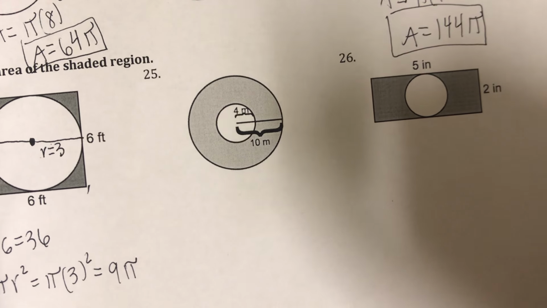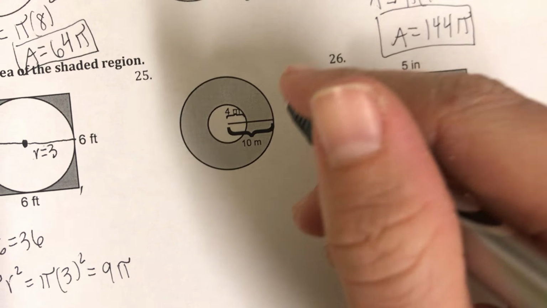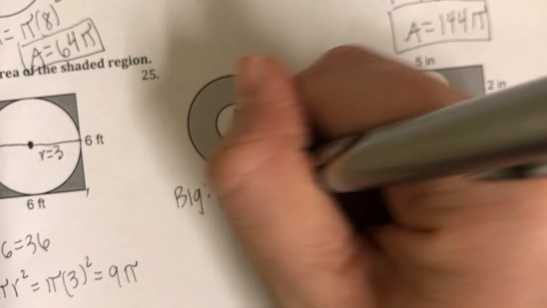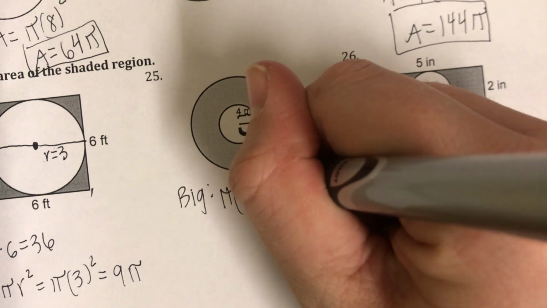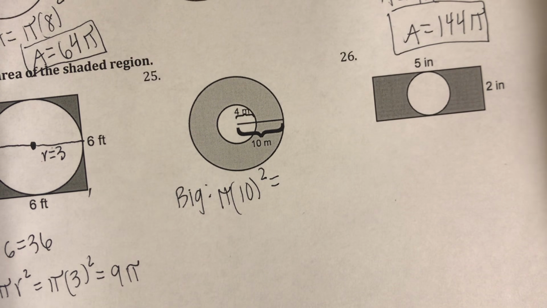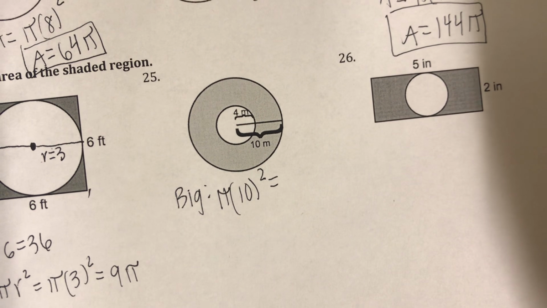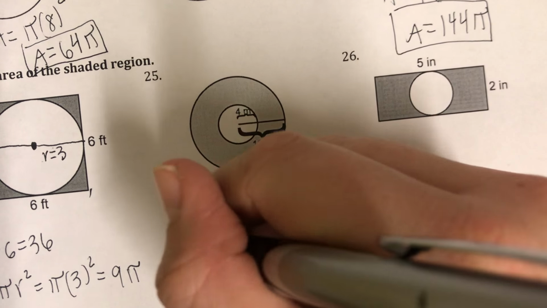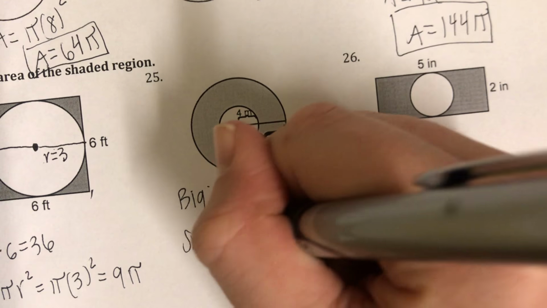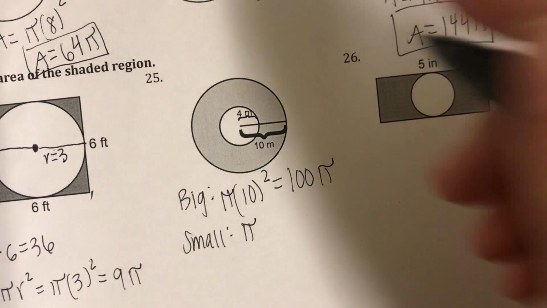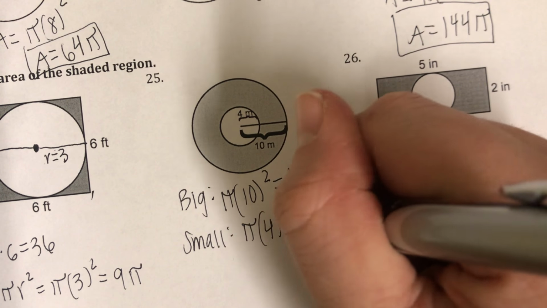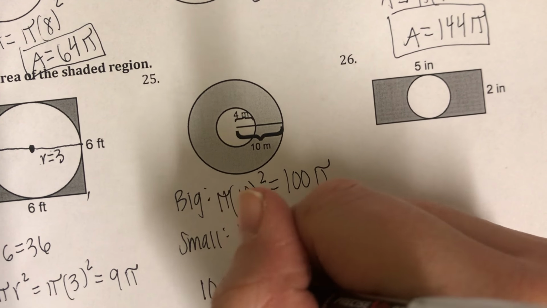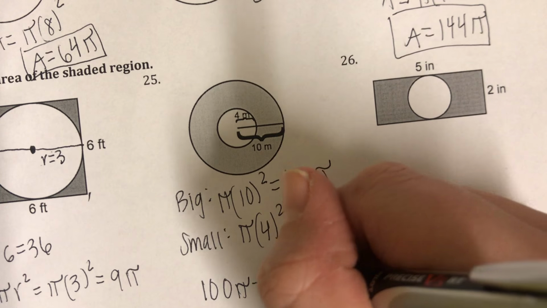What's the area of a circle? Pi r squared. So my big is going to be pi times 10 squared. 10 squared, you should all know. If not, type it into your calculator, but it's 100 pi. And my small is pi r squared, where r is 4. And this is going to equal 16 pi. Okay, now we have 100 pi minus 16 pi.